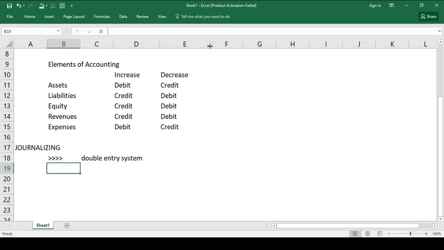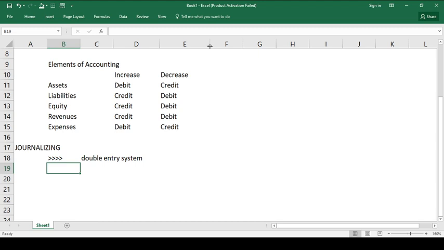What is double entry system? The double entry system refers to a recording that affects two or more accounts. Not elements, ha? Instead, two or more account titles.